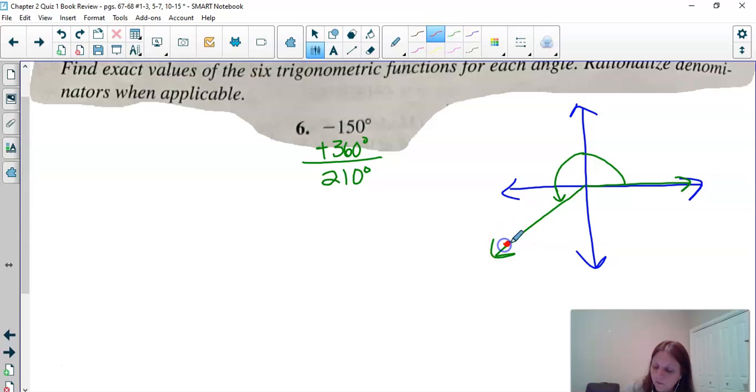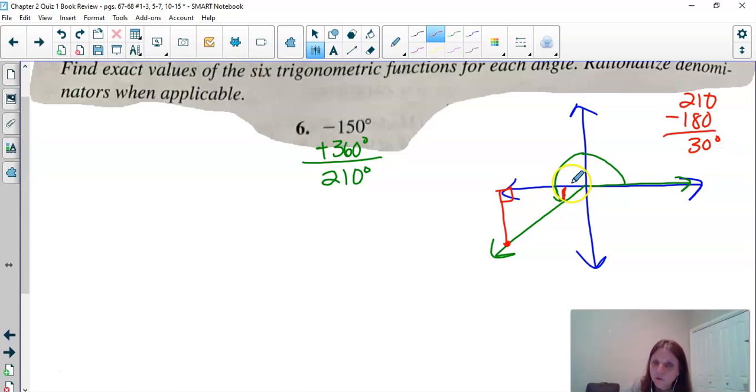Remember, what I'm looking for, though, is not the angle that it rotated. I'm looking for this little reference angle. If I go 360, that's going to give me all this unwanted information. So I just need to take out this 180 from the 210, and that will give me this little angle here. So I'm doing the 210 minus 180, and I get 30 degrees.